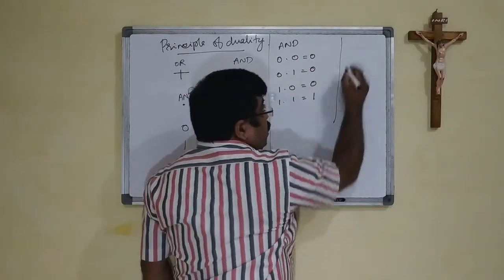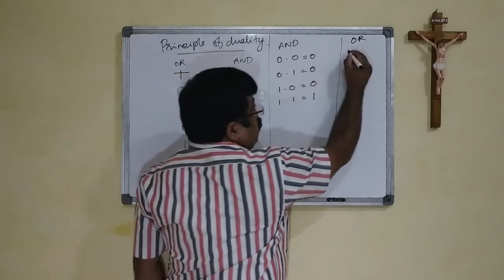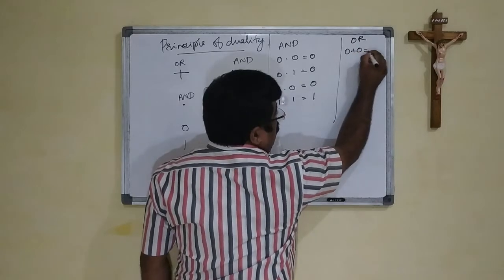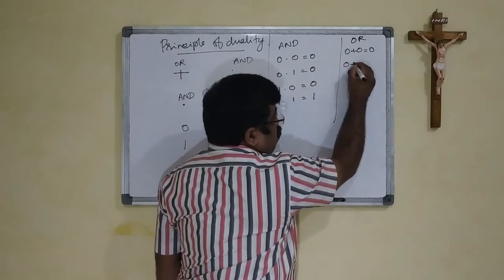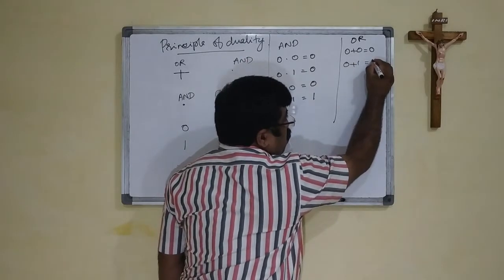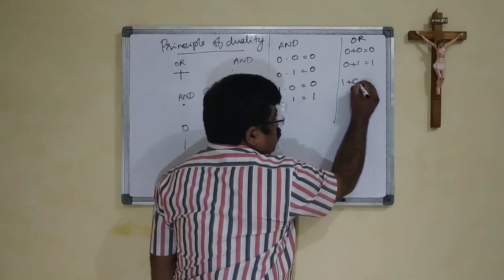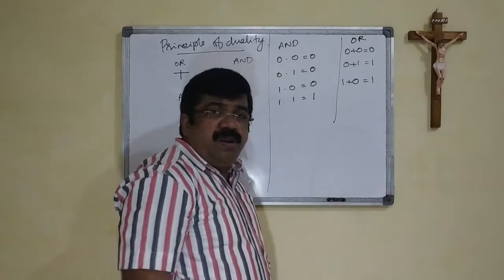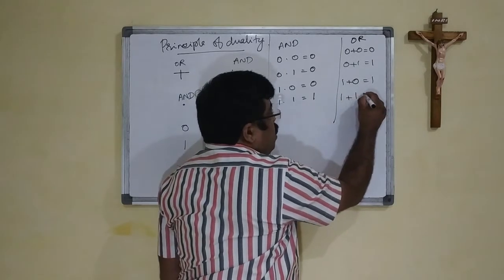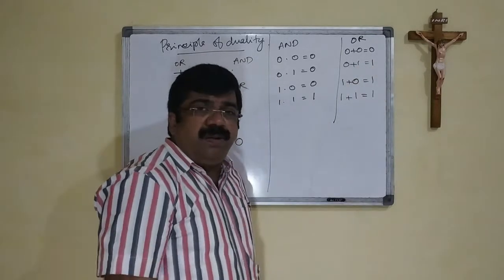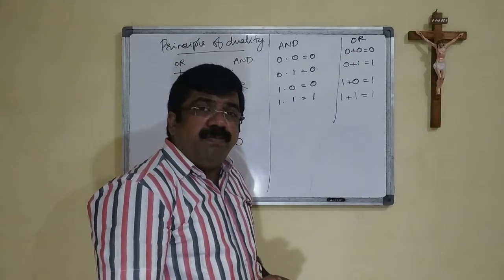Next we have the OR relation. What was that? 0 plus 0 is equal to 0, 0 plus 1 is equal to 1, 1 plus 0 is equal to 1, and 1 plus 1 is equal to 1. These are the OR relationships.